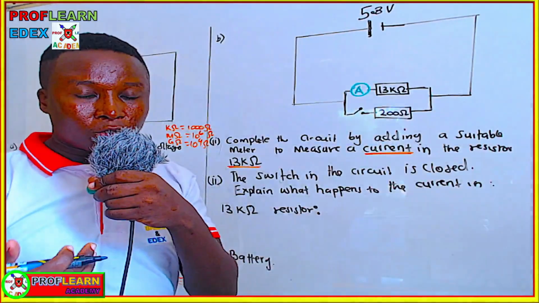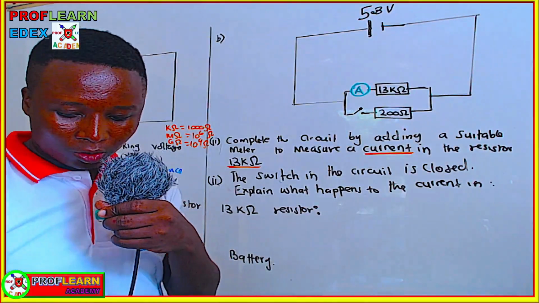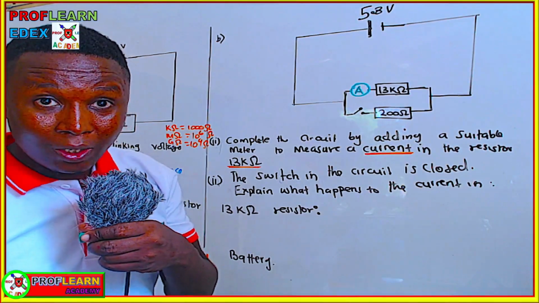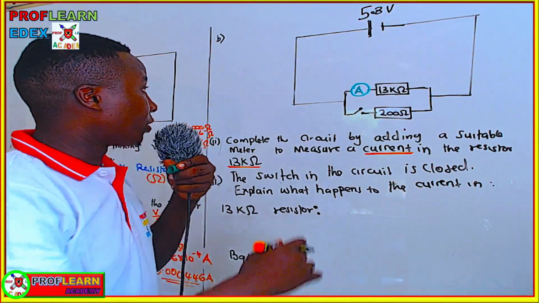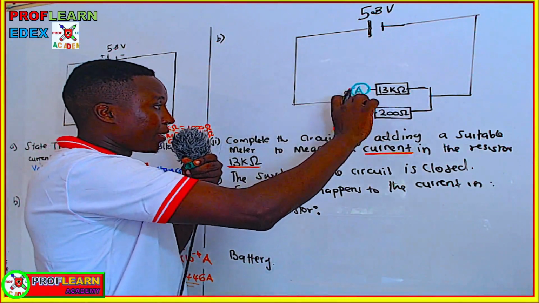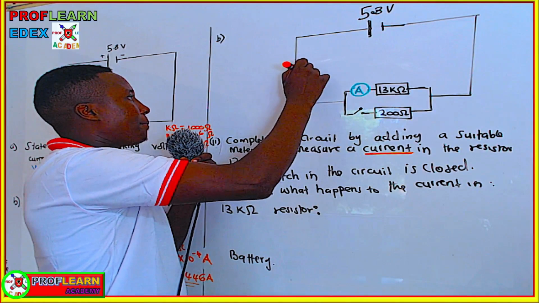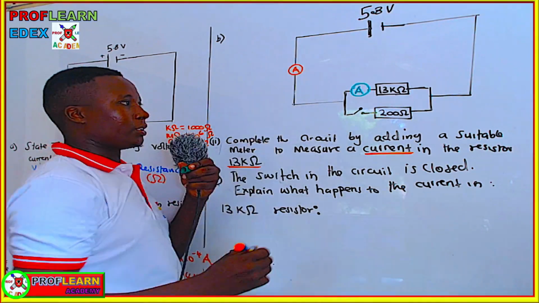But if you are supposed to measure the current flowing throughout the circuit, the total current flowing in the circuit when this switch is closed, we are going to put an ammeter at this given point.